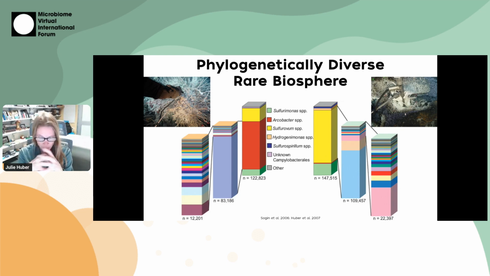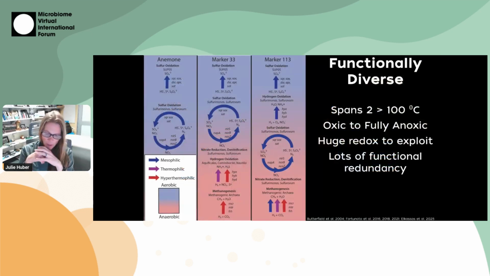And we believe, particularly in vents, and this has held up in the era of metagenomics, that when you have such a wide array of energy sources and so much temporal and spatial change over short distance, you just have a lot of niche space to fill up, and things are constantly changing. But it isn't just that there are a lot of different taxa in this environment. They're remarkably functionally diverse as well.